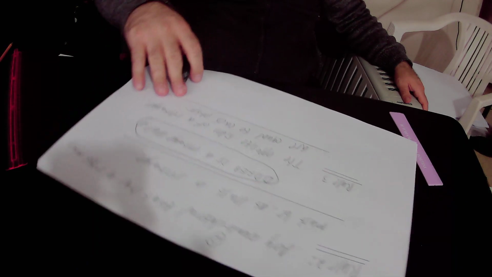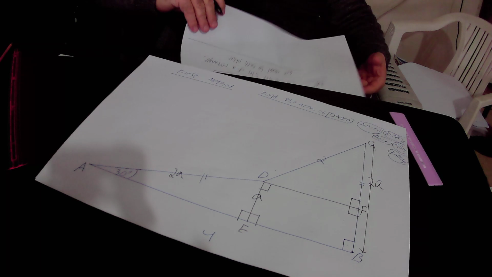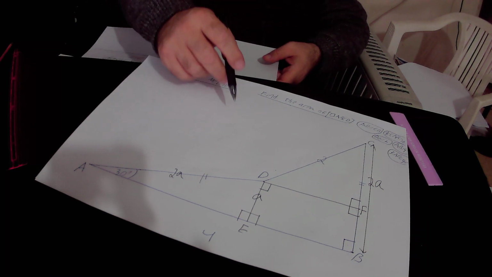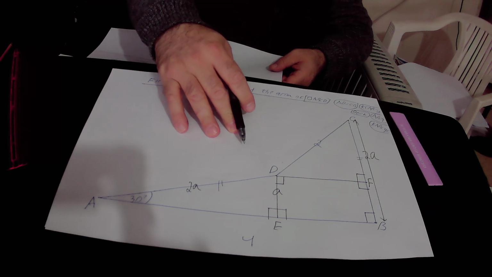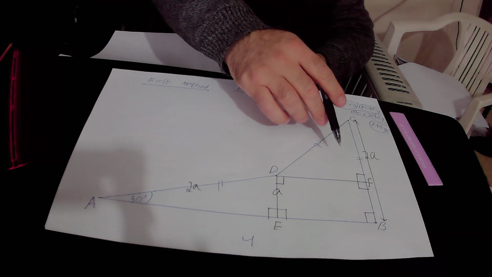Therefore, in rectangle DFEB, we can derive that DE equals FB.